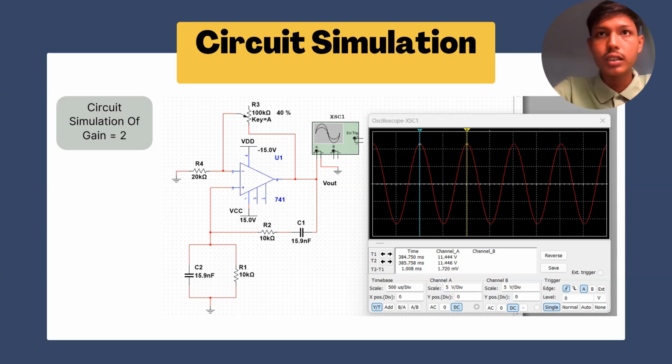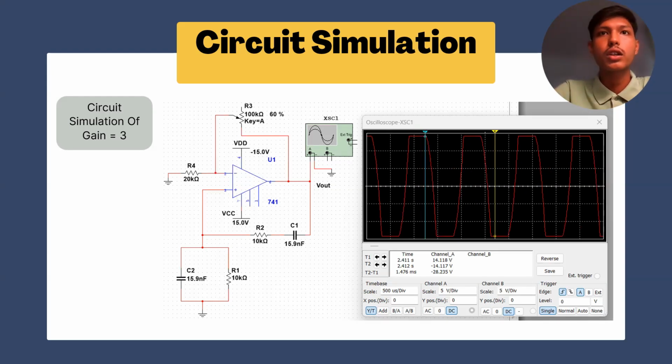From this oscilloscope, the resonant frequency that we get is 1.008, which is the same as what the specification of oscillator 1 needs. When we use gain equal to 3, the sine wave that we get is not good, which has distortion. So that's all for me.